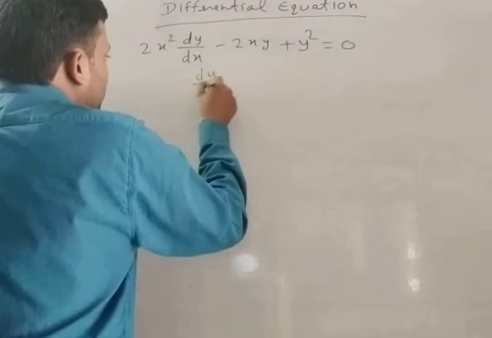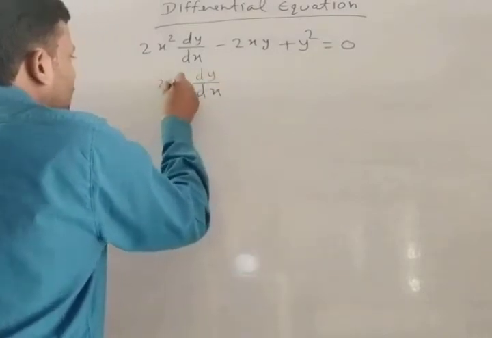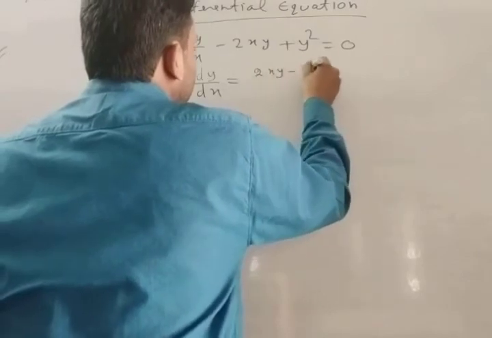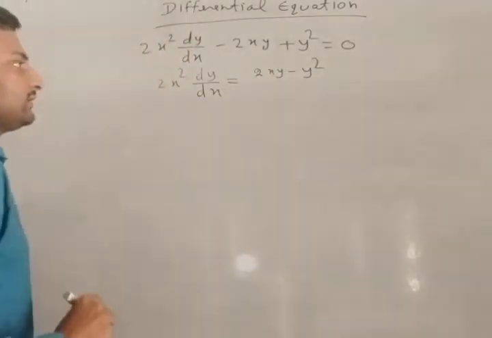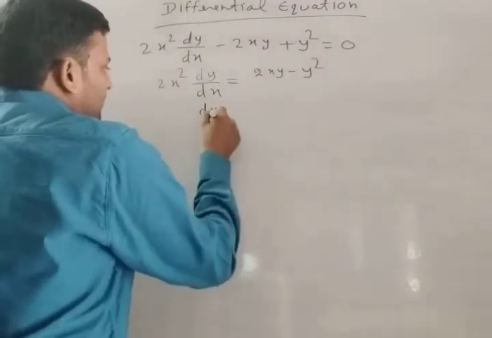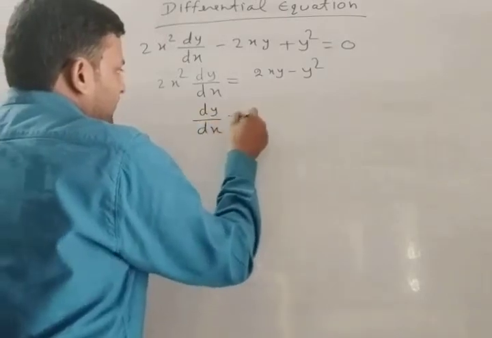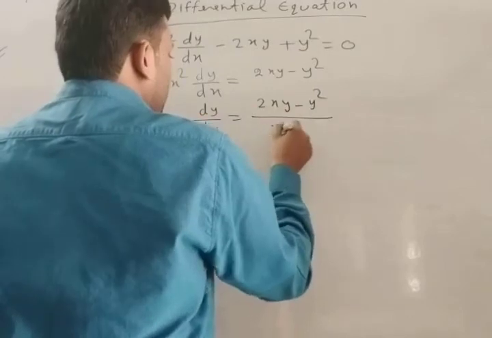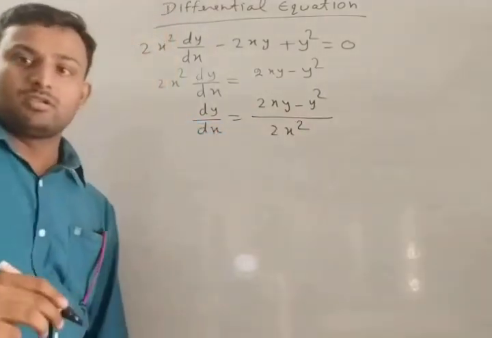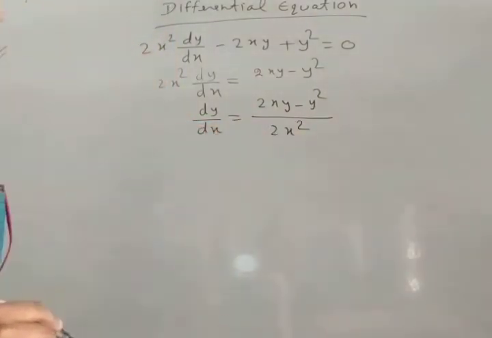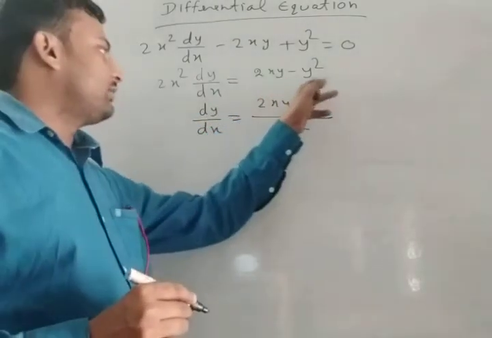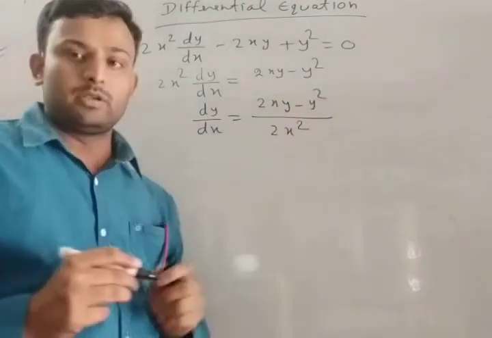We write dy by dx times 2x square is equal to 2xy minus y square, and this dy by dx can be written as (2xy minus y square) by 2x square. Now we see that here the degree is 2, here the degree is 2, and here also the degree is 2.